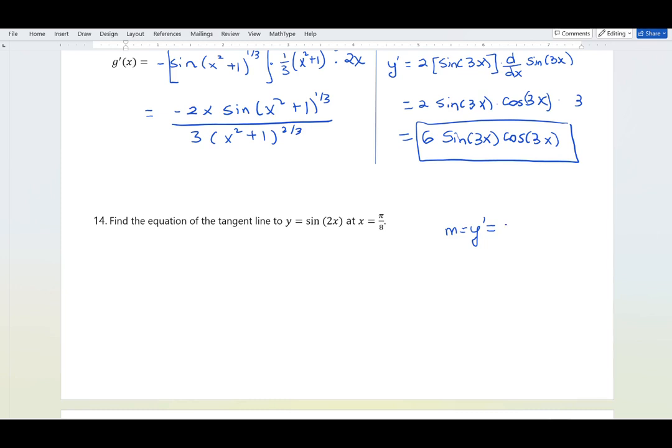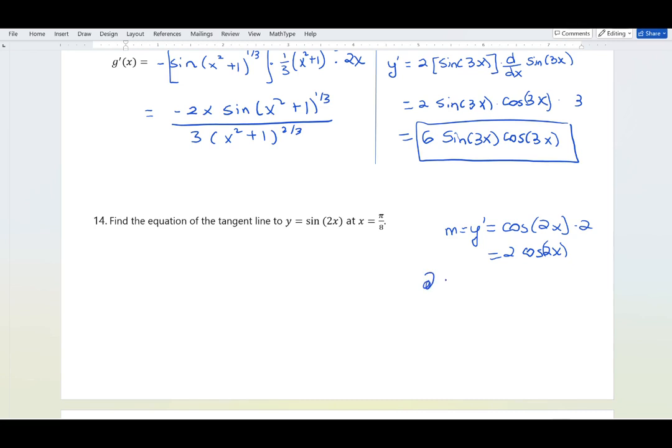So derivative of sine is cosine. So I have here cosine of 2x. Don't forget, by the chain rule, you multiply by the derivative of the inside, so that'll be times 2. So 2 cosine of 2x. And I'd like to know what happens at the point pi over 8.